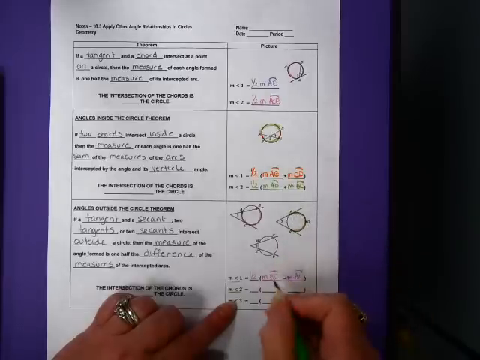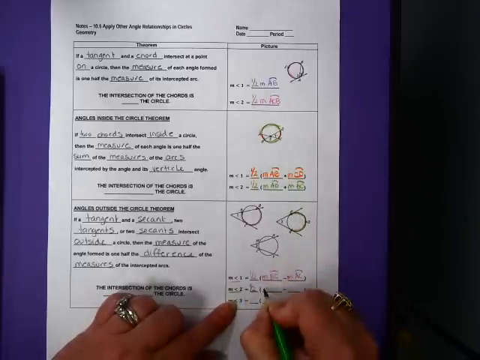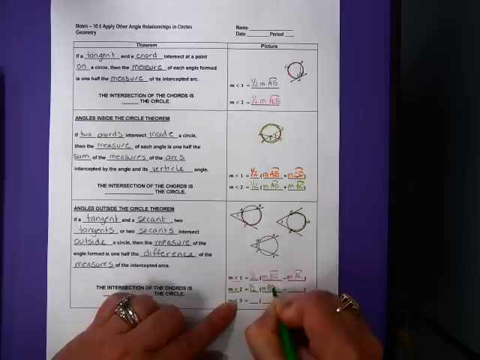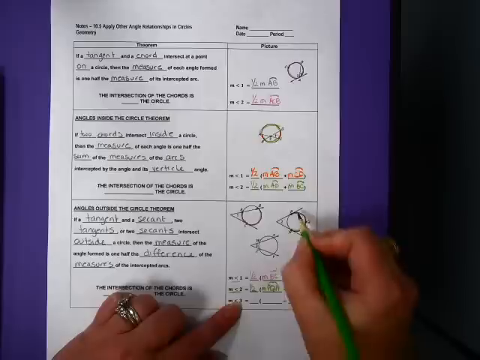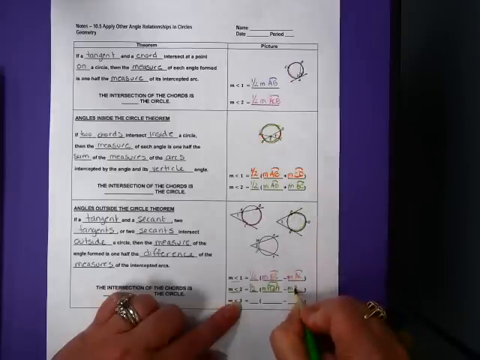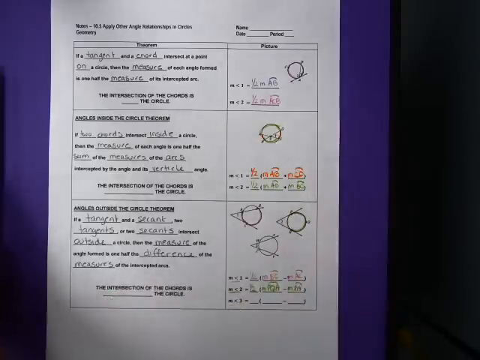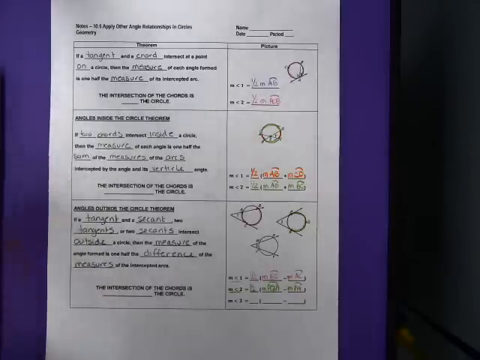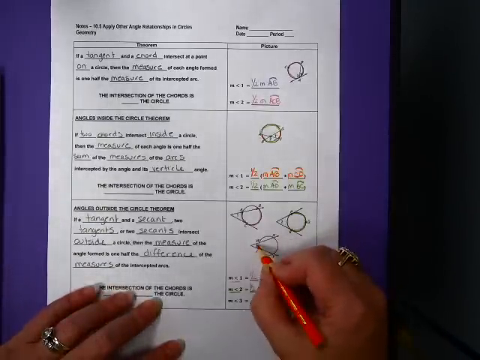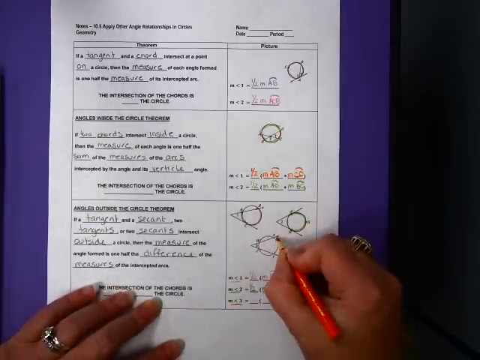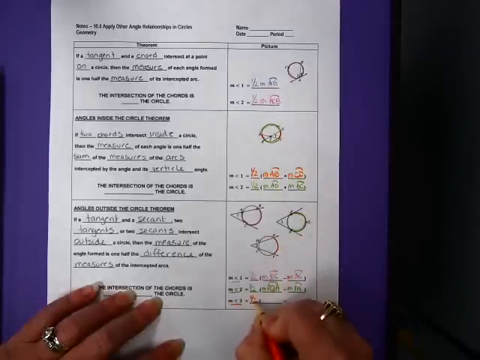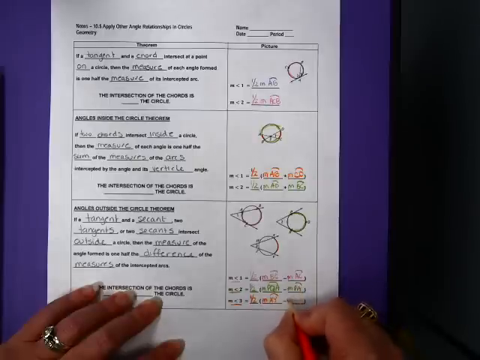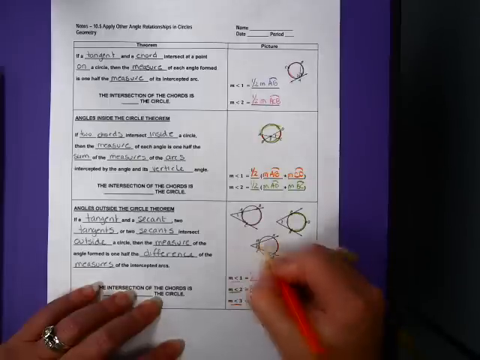Okay, we have to list all 3 of them, so it's going to be 1/2 of the measure of PQA minus the measure of PA. Alright, and then we have this number 3. It's going to be XY, the large one, 1/2 of the measure of XY minus the measure of WZ.